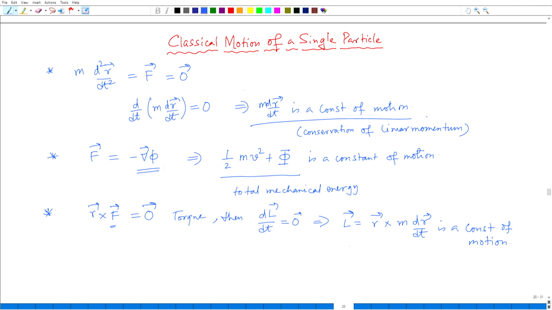This quantity is known as the angular momentum of the particle.